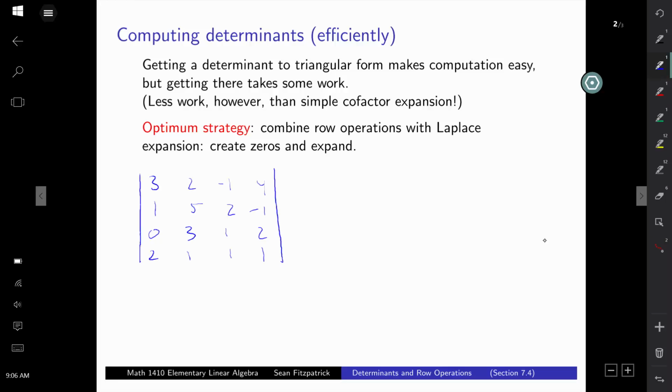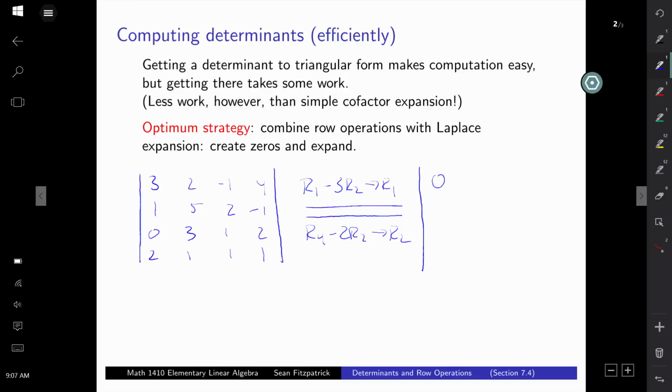I can just do this. I can do row 1 minus 3 row 2 into row 1. Okay, and then I can do row 4 minus 2 row 2 into row 4. Those are both type 3 row operations, so they don't change the value of the determinant. So the determinant I get after these row operations will be equal to the one I started with.